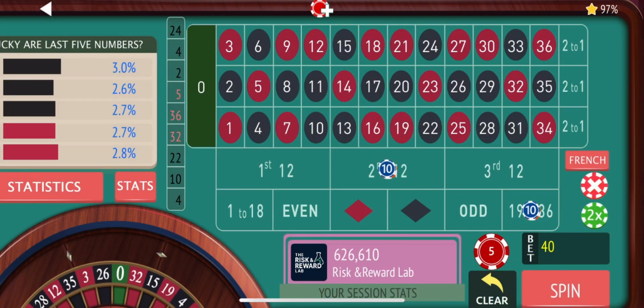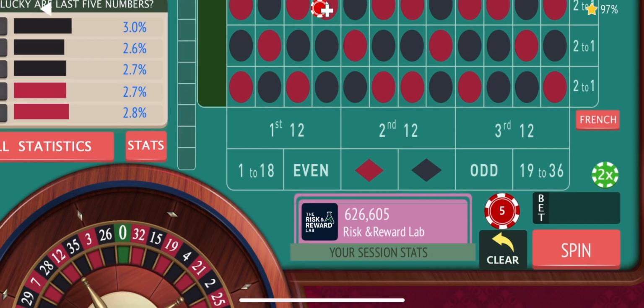All right, we just had a loss, and this is the beginning of the biggest drawdown of this session.